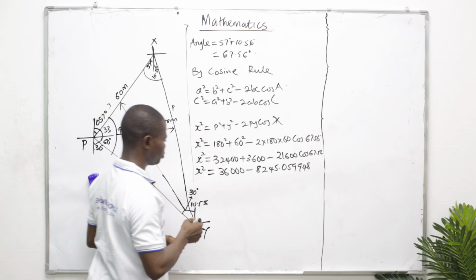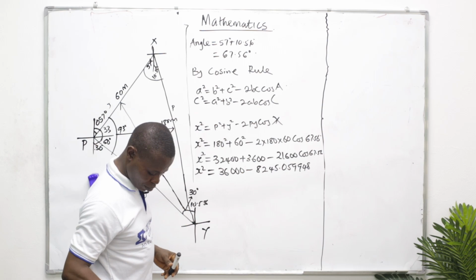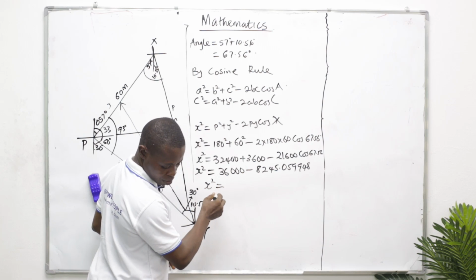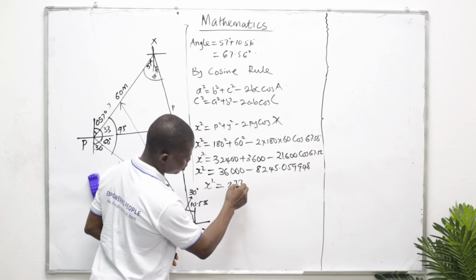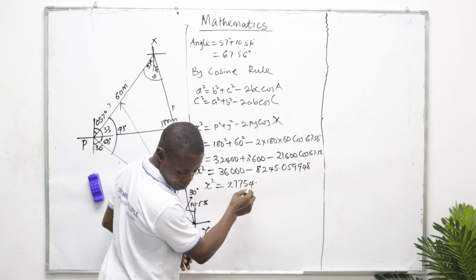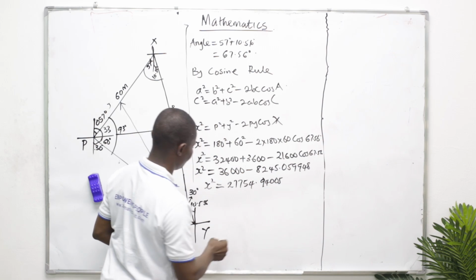8245.059948. S squared equals 2774.94005.